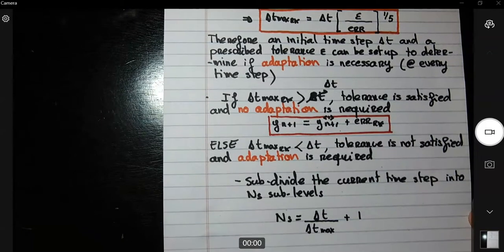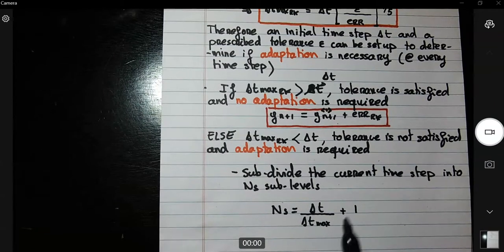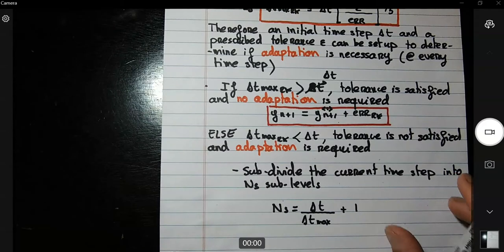So obviously you need to make this a whole number. You cannot take 2.3. I think you use the floor of this ratio, and you add 1 to it when you do the programming. All right, so we have this.